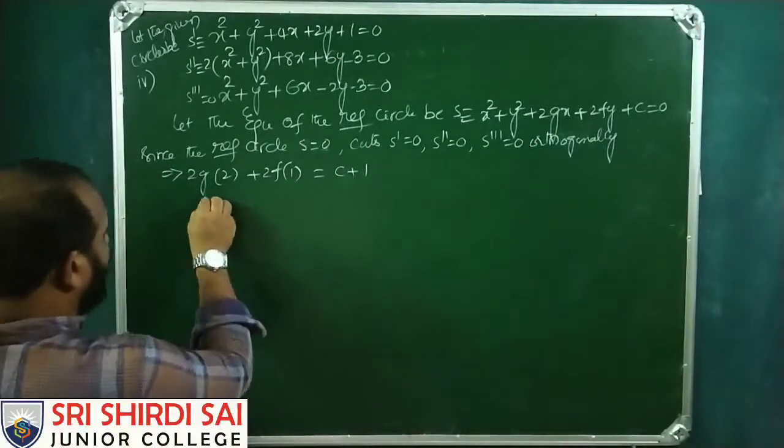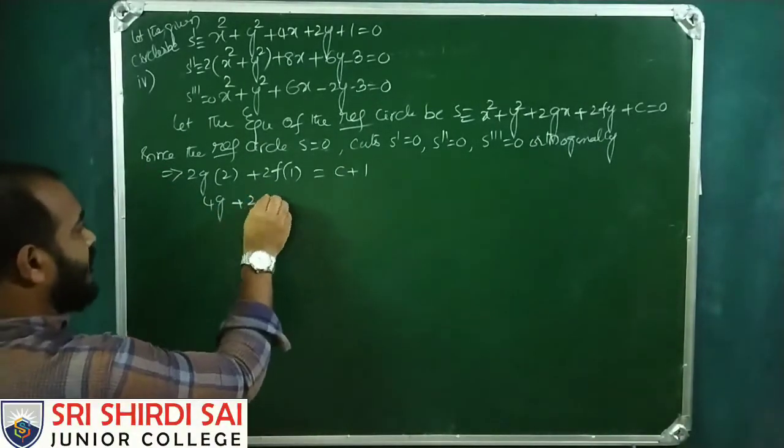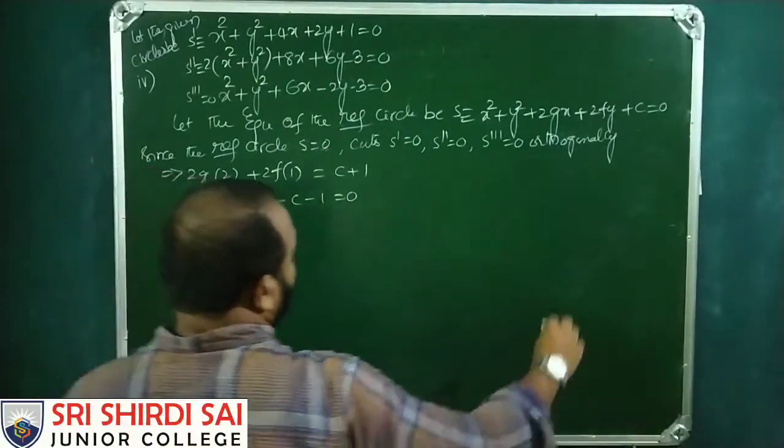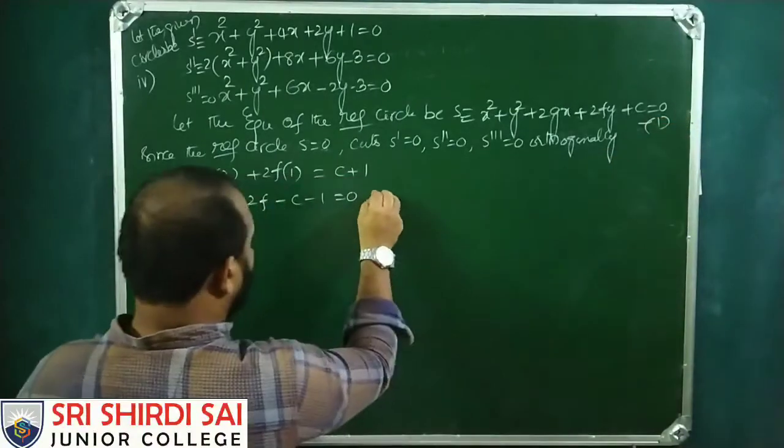This is 4g plus 2f minus c minus 1 equals to 0. So let this be 1 and this be 2.